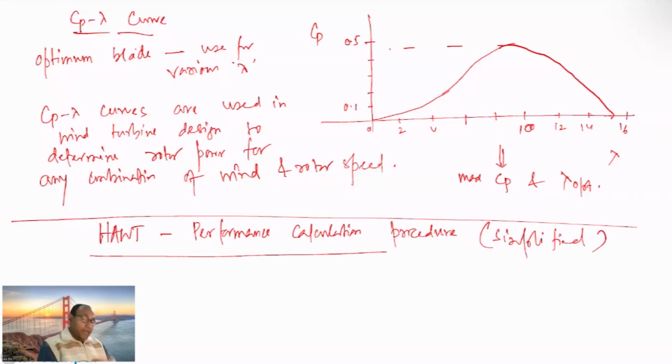This was proposed by Maxwell in 1990. He proposed a simplified calculation for performance of the horizontal axis wind turbine rotor, which is particularly applicable for an unstalled rotor. If the rotor is getting stalled, then this analysis cannot be applied. But it could also be useful for certain stall conditions.